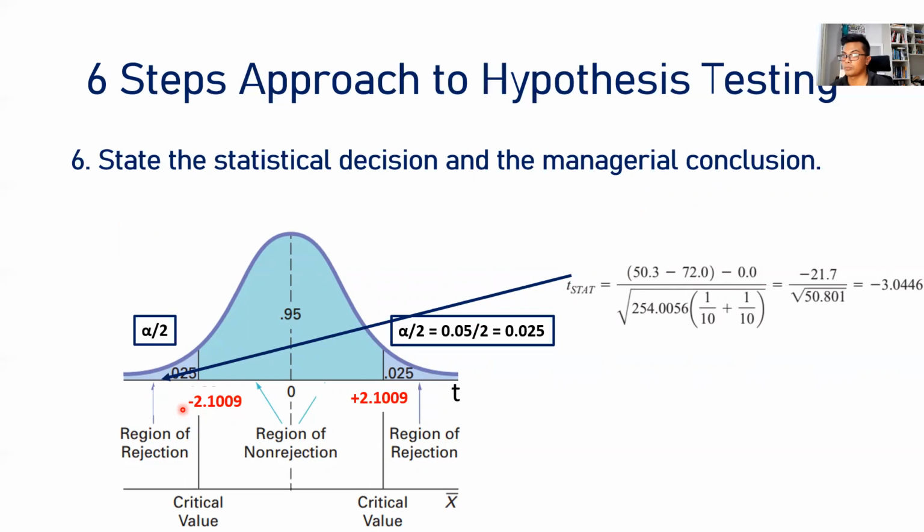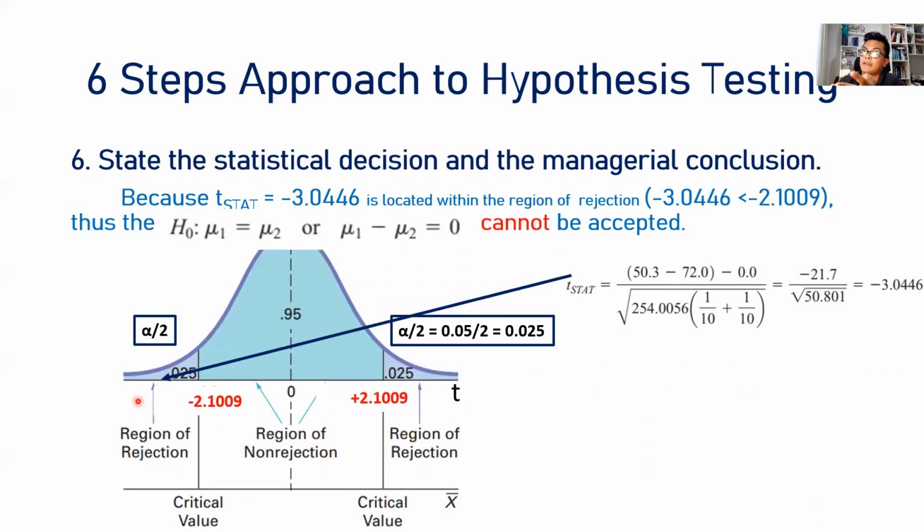Because minus 3 lies in the region of rejection. Thus, because the calculated test statistic is located within the region of rejection, the hypothesized claim that the mean sales in Raisa and Kahitno Conserved are similar cannot be accepted.